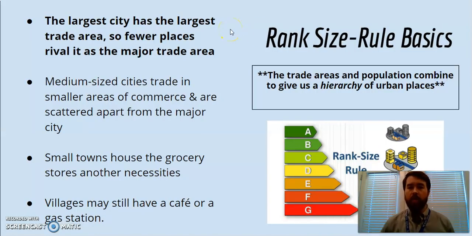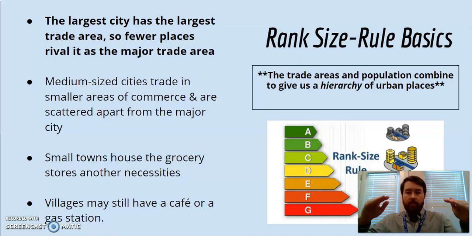So before we get into these definitions, what are the basics of this thing called rank size rule? All right, so the largest city has the largest trade area, so fewer places rival it as a hub or hearth of trade. So as we go down this hierarchy of urban places, we see the largest city has the biggest draw.